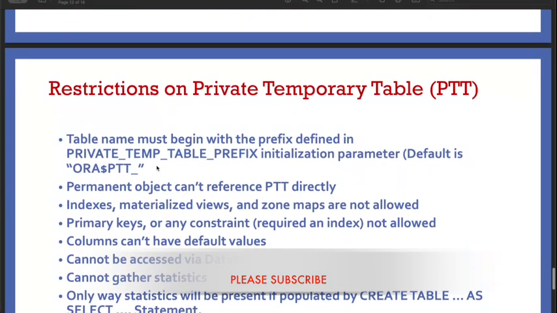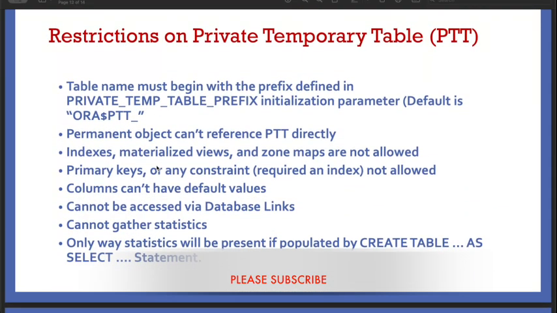So restrictions on private temporary table. Private temporary tables share the limitations of global temporary table, but there are also additional restrictions. The table name must begin with the prefix defined in the private_temp_table_prefix initialization parameter. The default is ORA$PTT_. Permanent objects cannot reference private temporary tables directly.